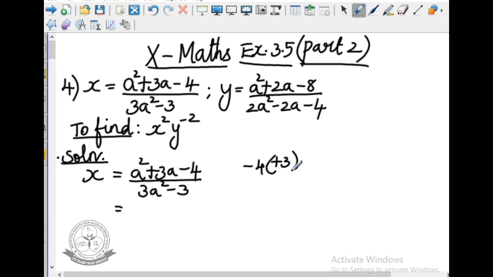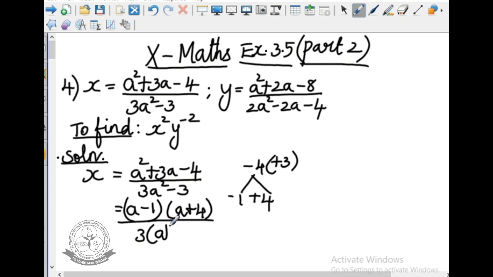So the factors are 1 into 4. Plus symbol is given there, so write it as plus 4 minus 1. So the factor for the numerator is a minus 1 into a plus 4, whole divided by, from the denominator you can take 3 outside, so 3 into a squared minus 1.